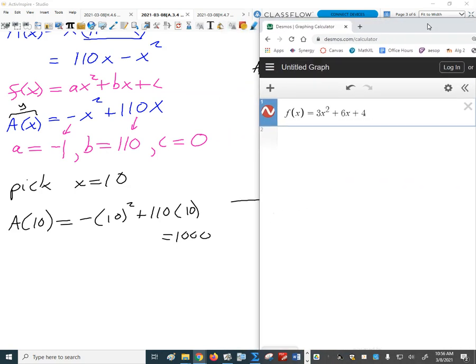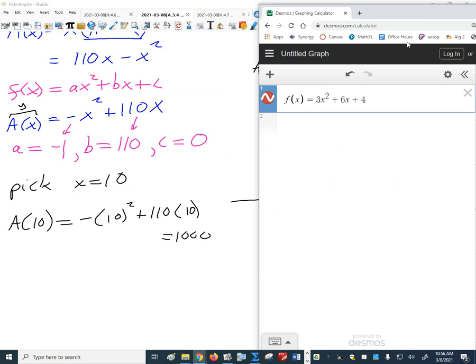We don't even need to see the graph. If I plug in the function, let's call this a of x instead of f of x, because it's an area. a of x equals negative x squared plus 110x, and there is no value for c, it's 0.